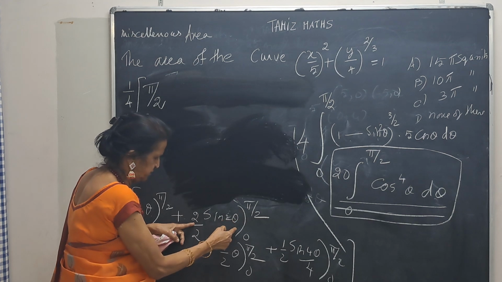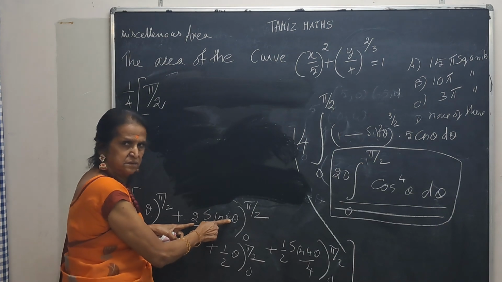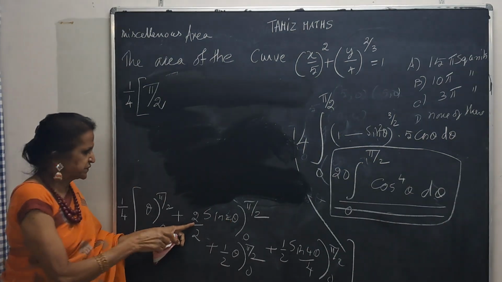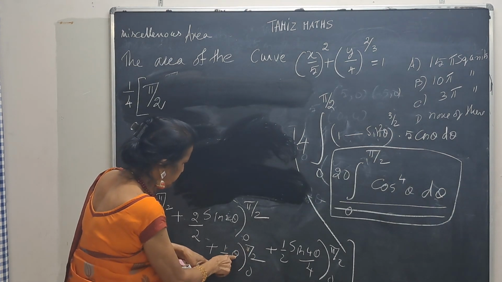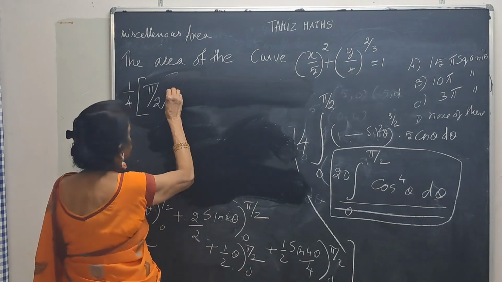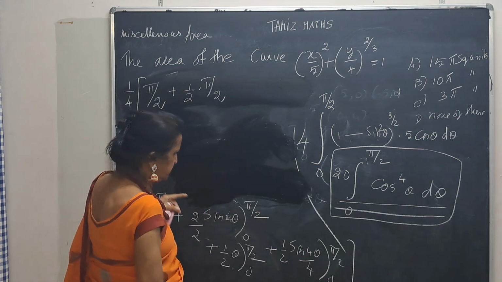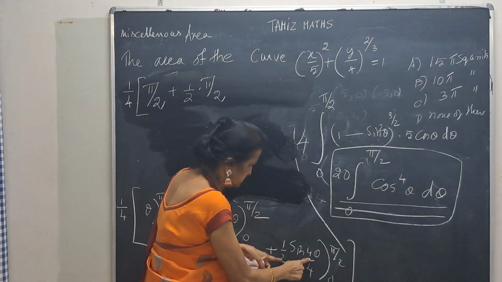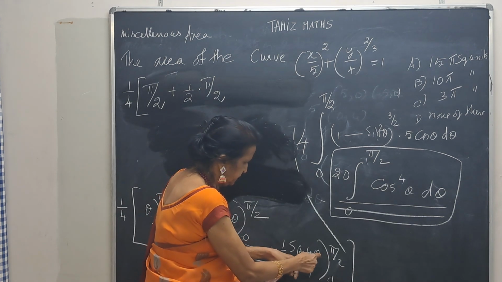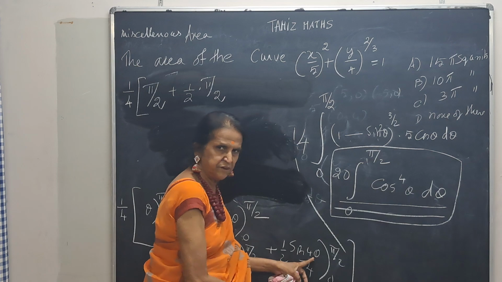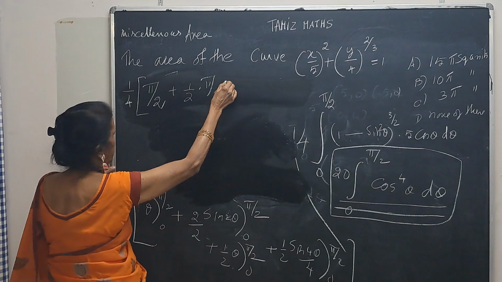Supply the upper limit pi by 2, so it is sin pi, and the lower limit gives 0. Now come over here. Half, upper limit pi by 2, lower limit 0, so it's pi by 2. Come over here and supply the upper limit. What will happen? Pi by 4 times 4, so 2 pi. Sin 2 pi will be 0. Supply the lower limit, sin 0 will be 0. So this is what you have.